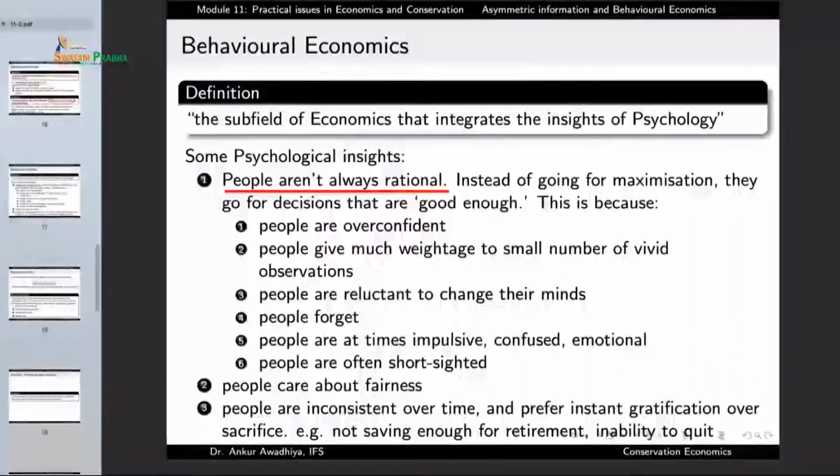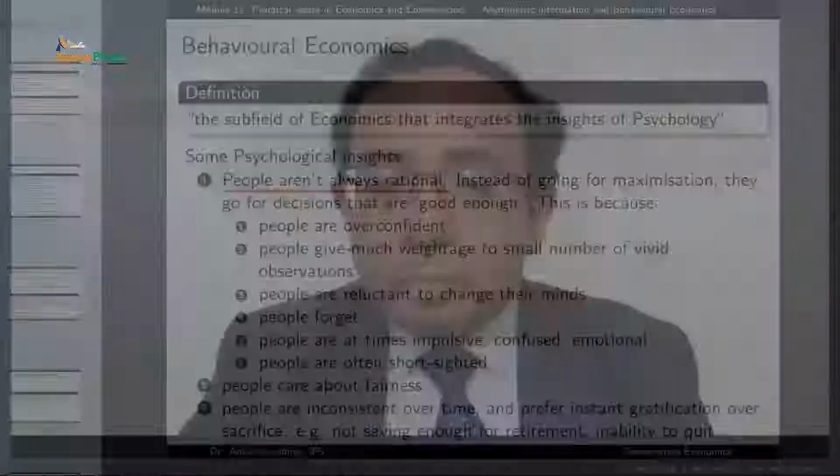People are at times impulsive or confused or emotional. So people might just say that, okay, such and such person had told me that this is the right course, and this person has always been guiding me very well, and so I will just follow it. I will not do any sort of computation because I am very emotional when it comes to the advice that is given by this person.